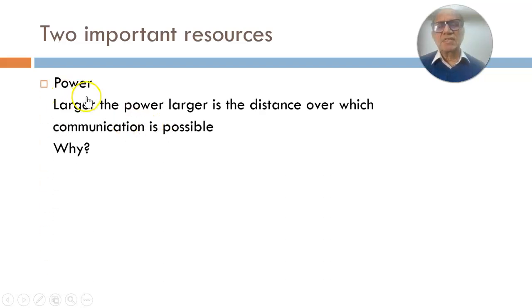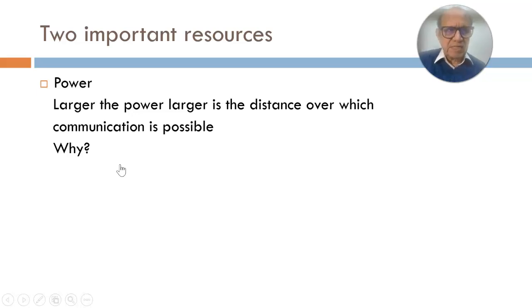The first one is the transmitted power. The larger the power that is transmitted, the larger the distance over which communication is possible. Why is this so? Because whenever you transmit a signal, whether it is a line communication system or a wireless communication system, there will always be attenuation over this transmission.